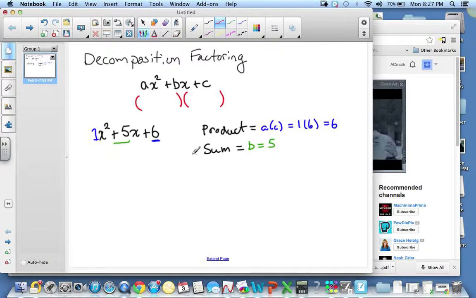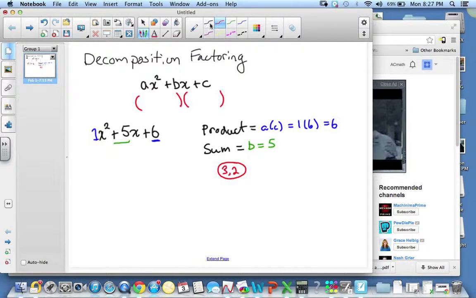Now, how does this play out in terms of decomposition? Every single time you decompose, you are looking for two numbers that multiply to 6 and add to 5. In this case, we're looking at positive 3 and positive 2, right? 3 times 2 is 6, 3 plus 2 is 5.